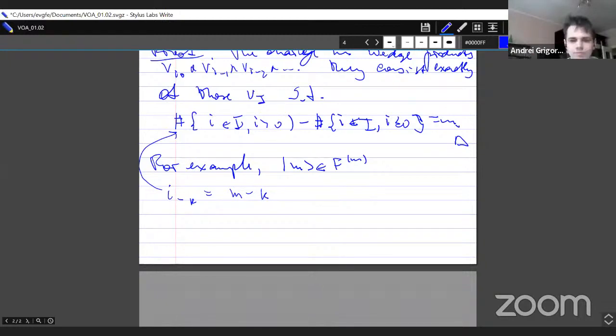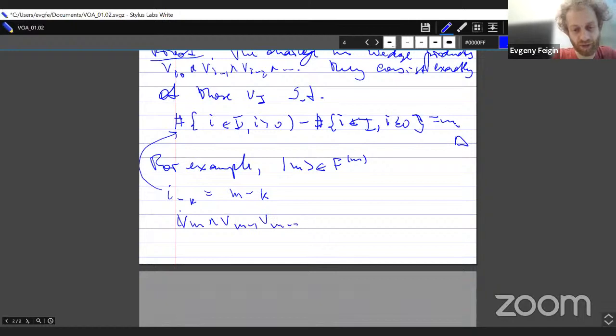Timur or Sasha or somebody else? You can check it for the vacuum vector and then show that if you change this vacuum vector to other vectors, then both definitions will not change. Yes, so indeed, we could have started with v_m, v_{m-1}, v_{m-2}, and so on.